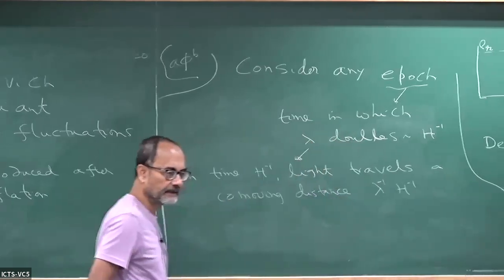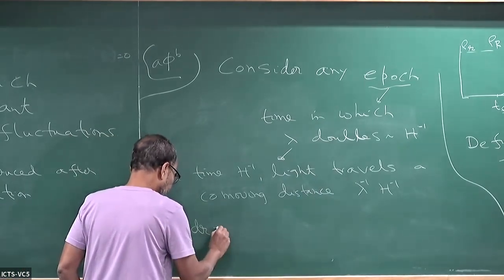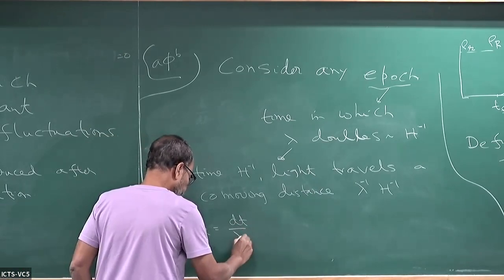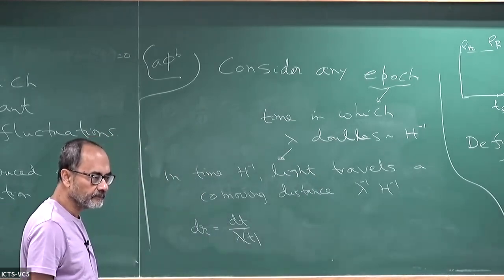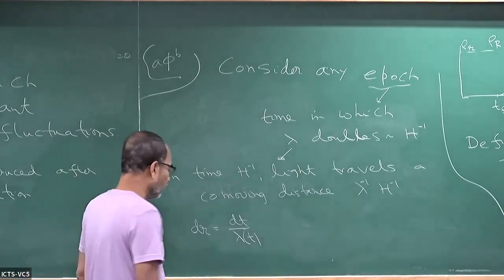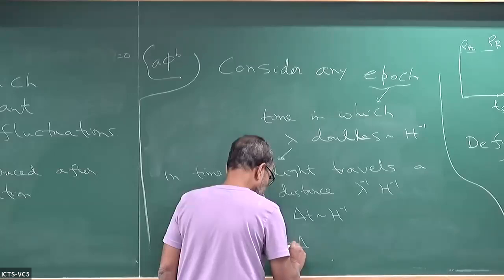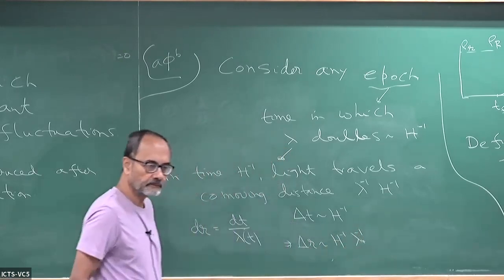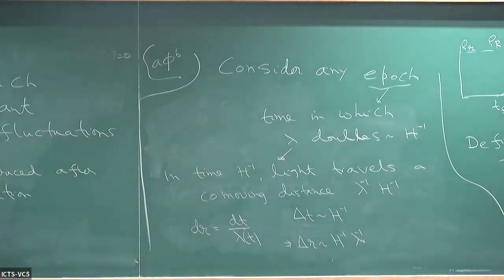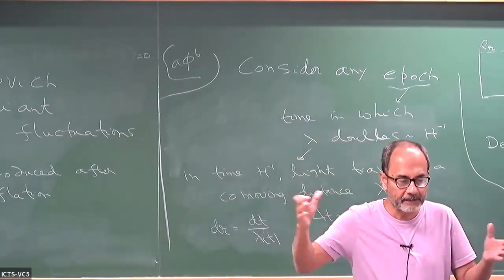Let me explain this. Why is it lambda inverse h inverse? It's basically because of the fact that dr equals dt over lambda t. So delta t is h inverse, so delta r is h inverse lambda inverse. The significance of this number is that in any given epoch, the fluctuations created during that epoch can only travel this much distance.